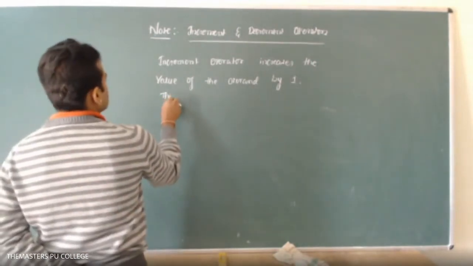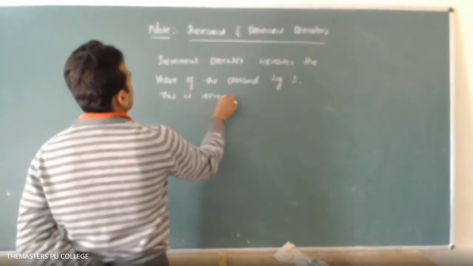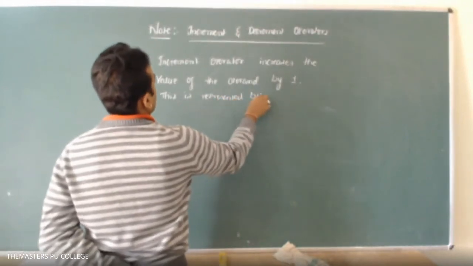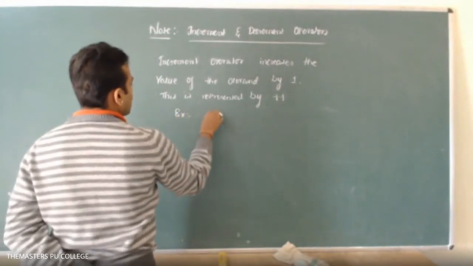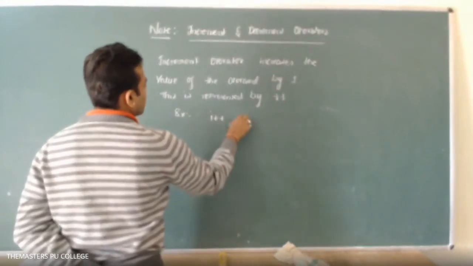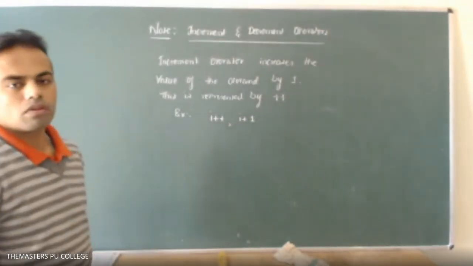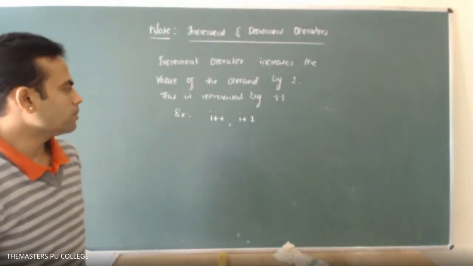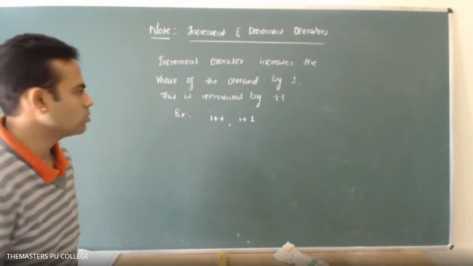This is represented by plus plus. Example: I plus plus, next I plus 1, I plus 2, so whatever values you can add to that.